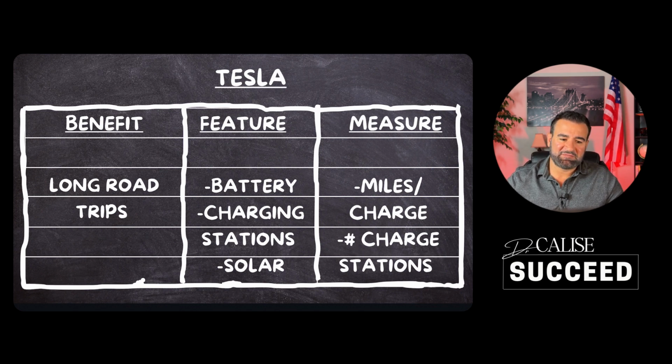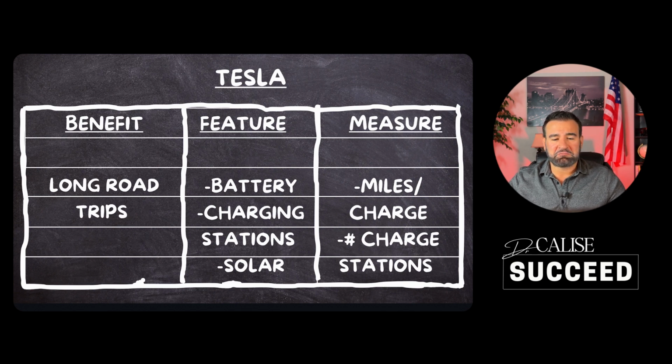Well, again, features, very, very simple. Battery life. Are there ways to increase the battery life so you can get more miles out of the battery? Is there a way to actually increase more charging stations? You know, it's been openly said that this is the main reason why electric cars have not hit the mainstream yet, because there's a gas station at every corner, but there's not an electric charging booth for your cars at every corner.